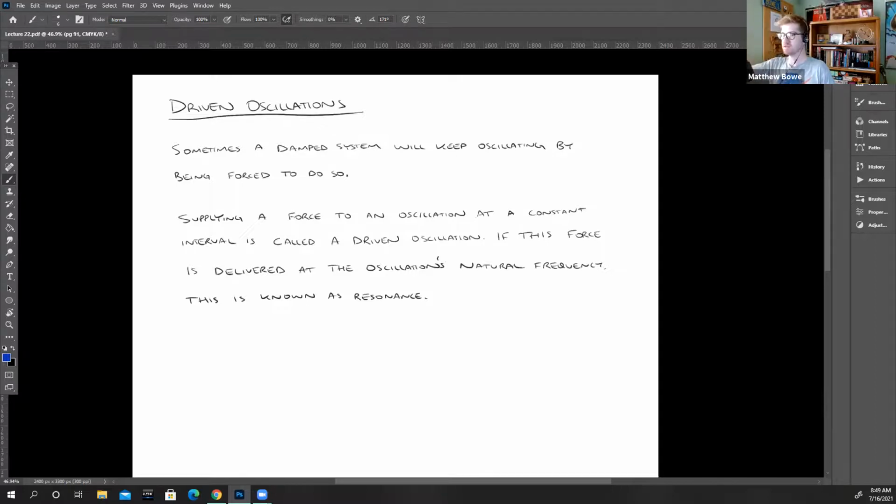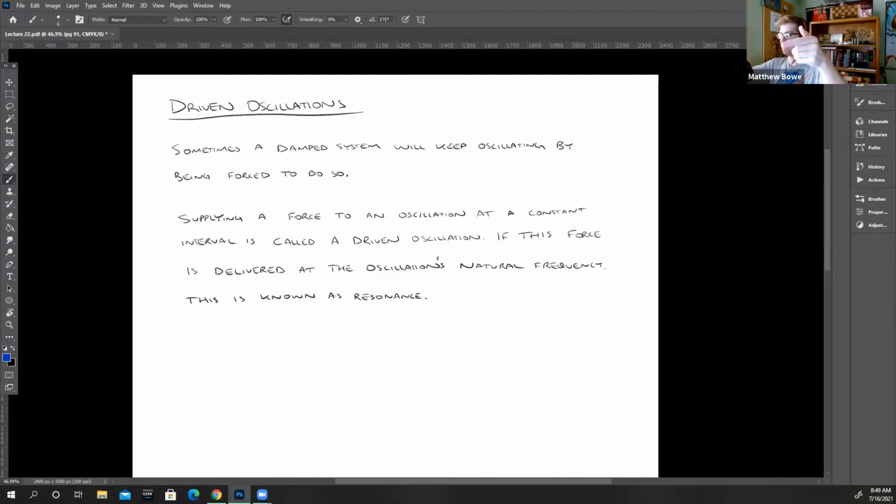How do we get this amplitude to increase? If we're the one pushing, we're standing on one side, and at a regular interval, we give it a push. It's probably not that big of a push, but we do it regularly.